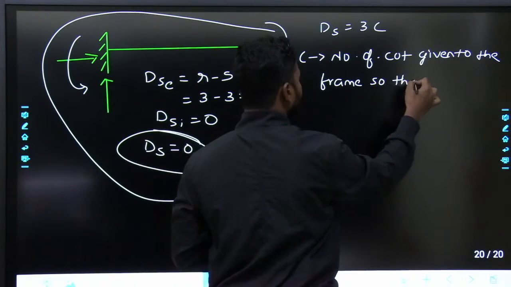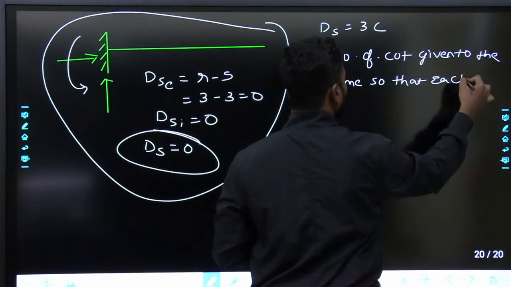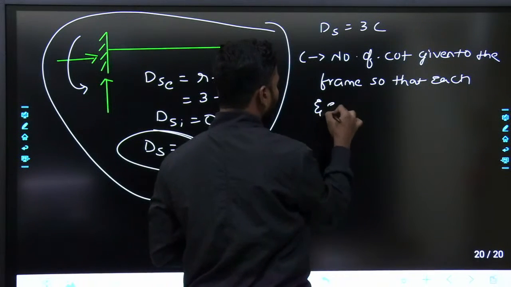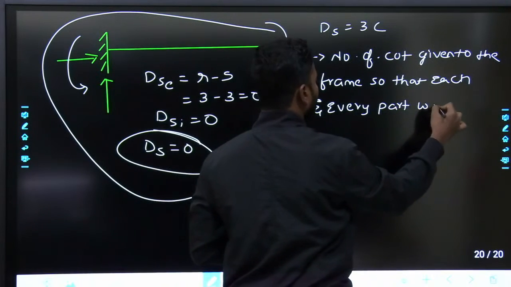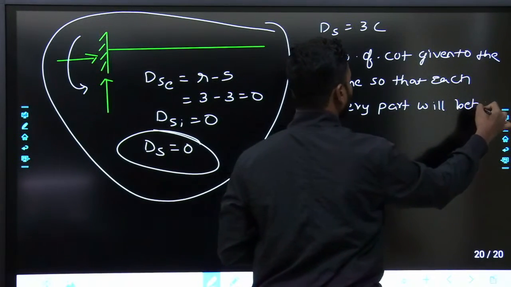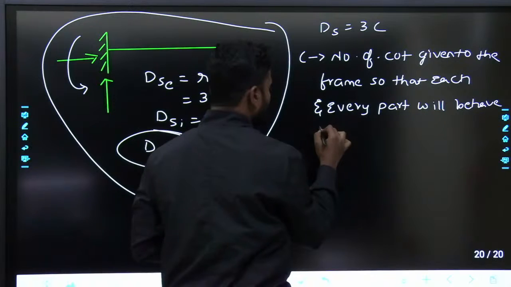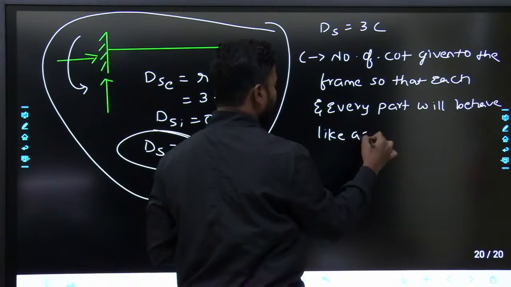so that each and every part will behave like a stable cantilever.